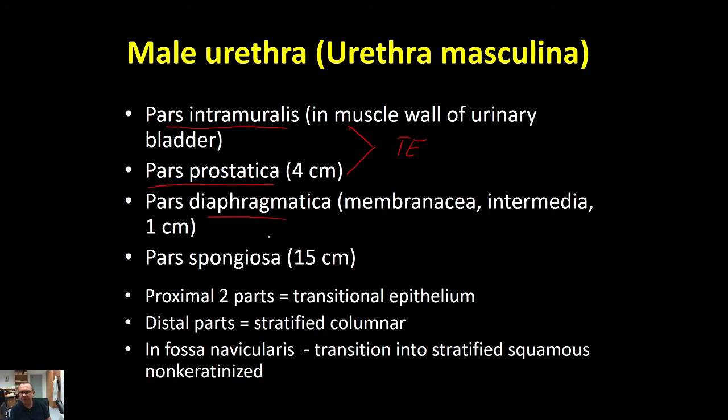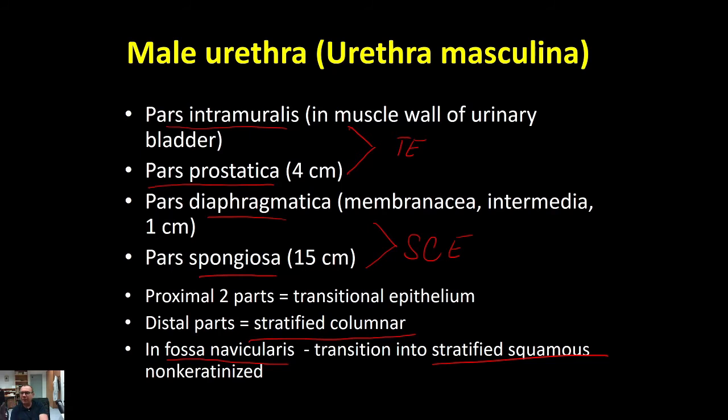Pars diaphragmatica and pars spongiosa are lined with stratified columnar epithelium. Stratified columnar epithelium is not very frequently found, but it is here, and only a very distal portion of pars spongiosa, which is called fossa navicularis, is lined with stratified squamous epithelium, which is at first non-keratinized, but then on the outer surface of the penis becomes keratinized.